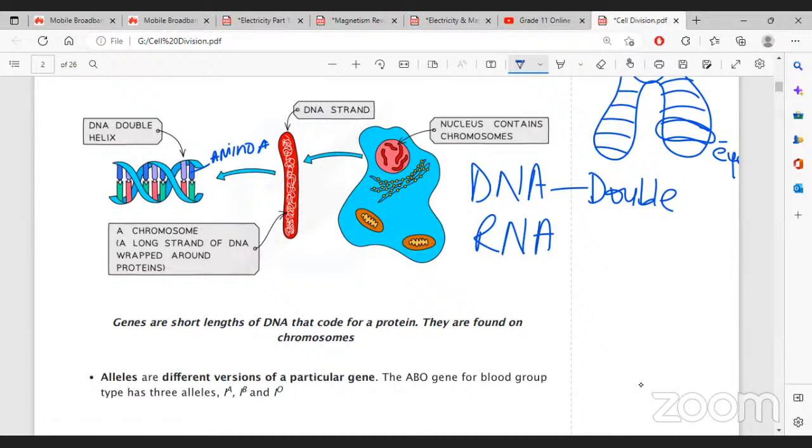RNA is usually single stranded, because when the DNA unfolds into two strands, the RNA comes and attaches to one open strand of the DNA, copies that information, and sends it out of the nucleus to the ribosomes for protein synthesis of whatever needs to be made.